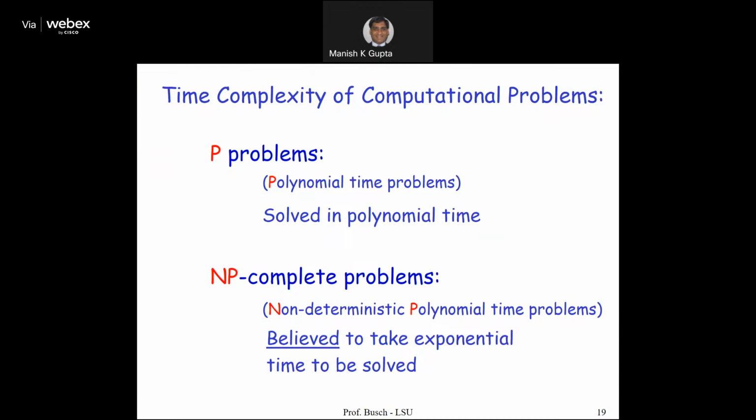Obviously P is a subset of NP, because a non-deterministic Turing machine has many more choices. You can think of the deterministic Turing machine as a kind of part of the non-deterministic Turing machine.